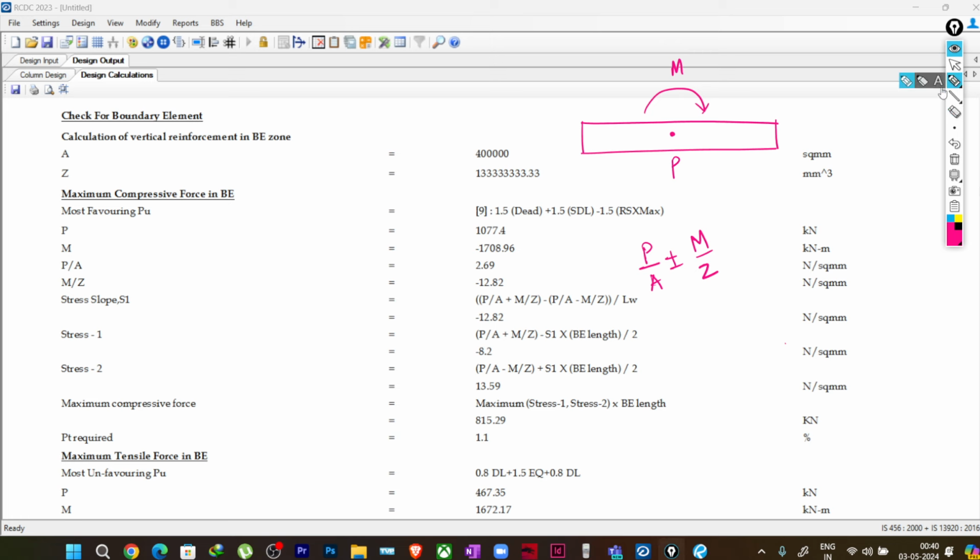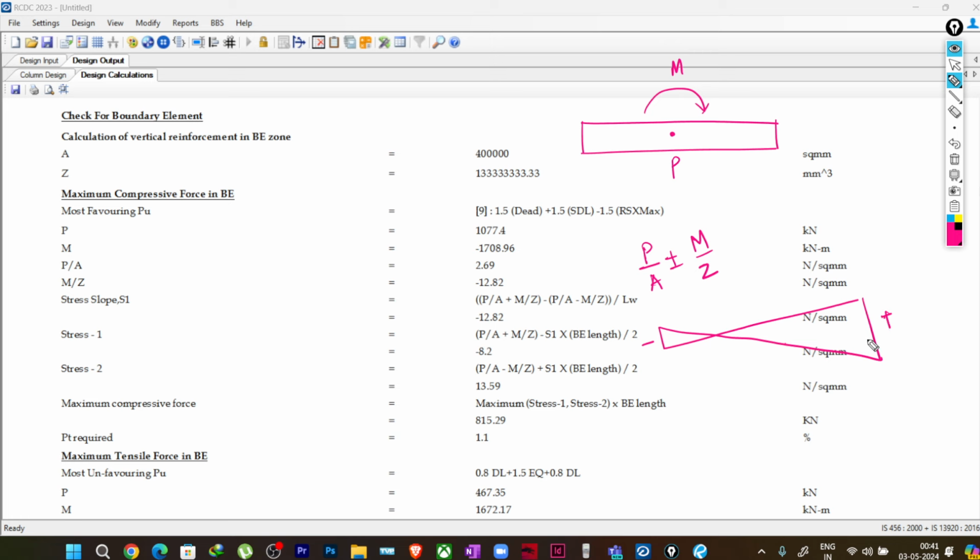If the axial load is very high, we may get a trapezoidal shape of stress distribution along the length of the wall, or if the P value is not that high, we may get some tension in this direction. So we are getting some tension here and compression on the other side, correct? So this is the stress distribution.